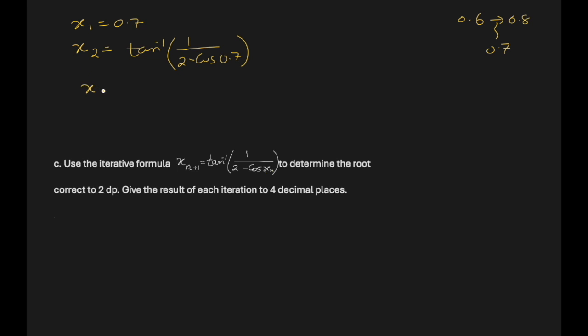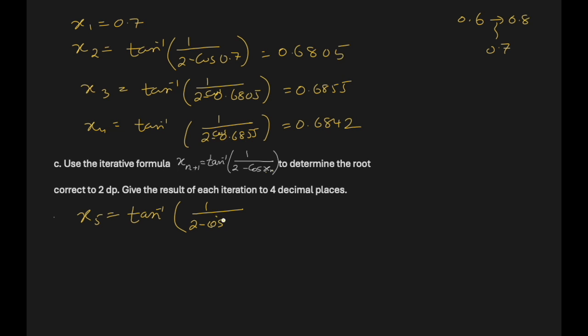So x3. So I got my answer. I am writing 4 decimal places every time, and if I round it off, it becomes 0.681. How many places are we on? 2 decimal places, so 0.68 is the only one.